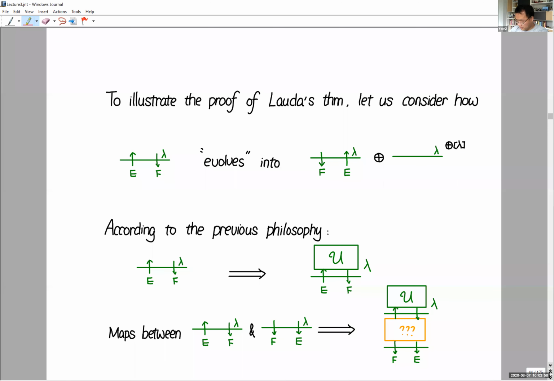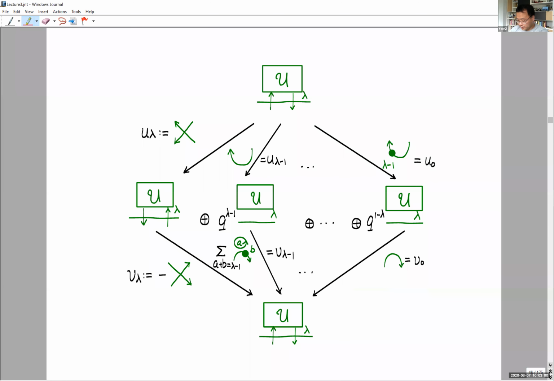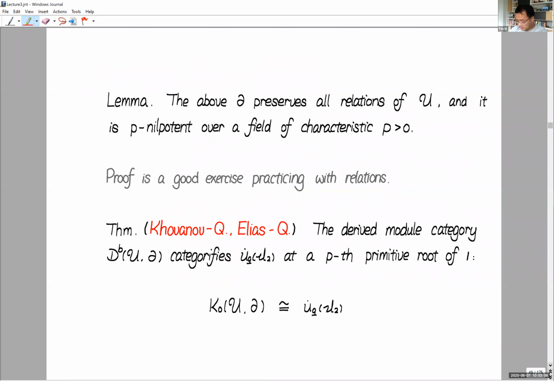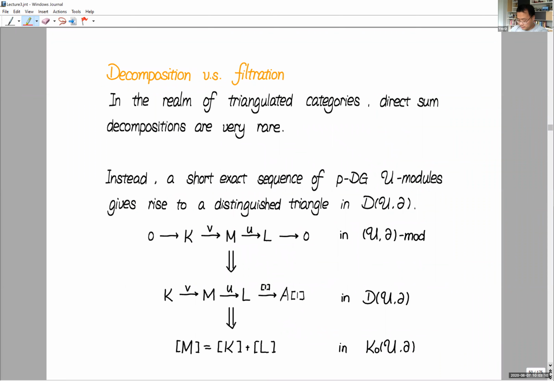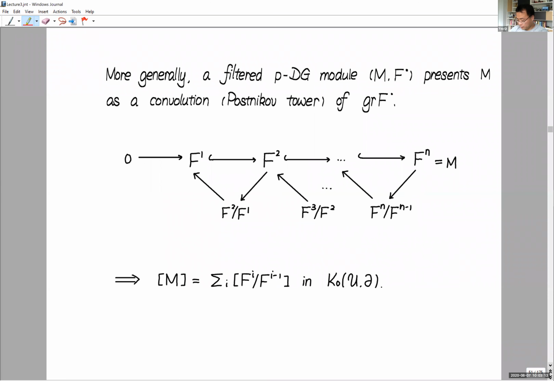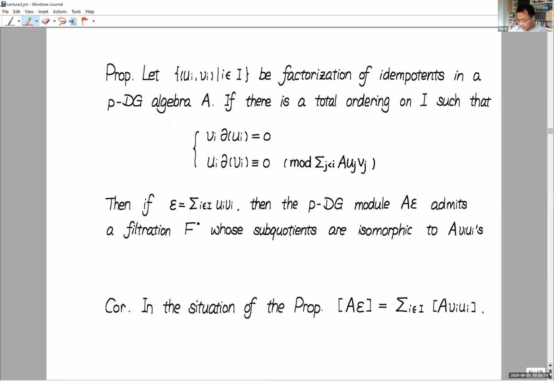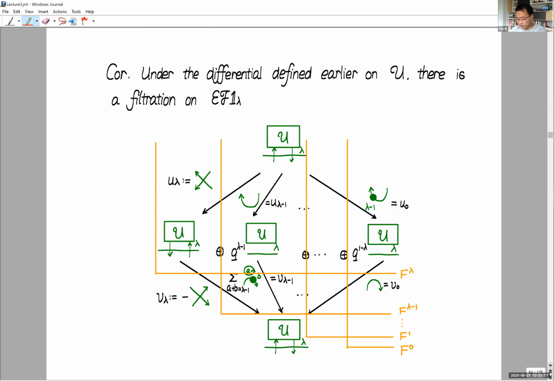And the original EF decomposition relation in the DG world becomes a Postnikov tower, if you wish, or a filtration of cofibrant or projective modules, in this case of EF, into subquotients, which are the right-hand side of the small quantum group. So that's what we learned over the last time.